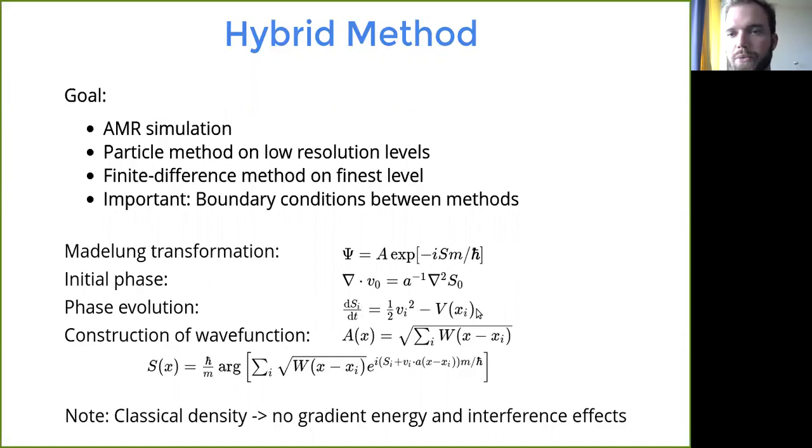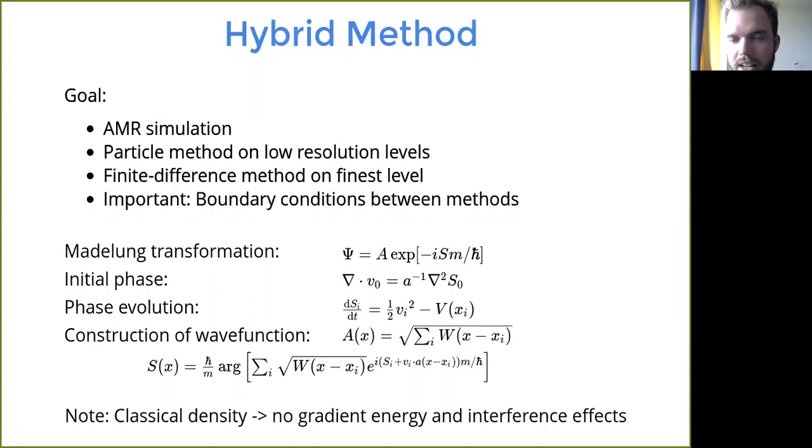And then whenever we want to reconstruct the wave function from these particles, either as initial conditions at some lower redshift or then boundary conditions for even lower redshifts, then we use the classical density as a proxy for our amplitude. So the amplitude of our wave function is just the square root of the classical density.